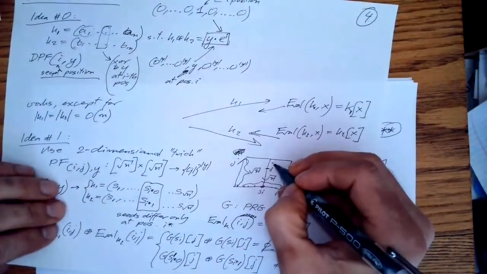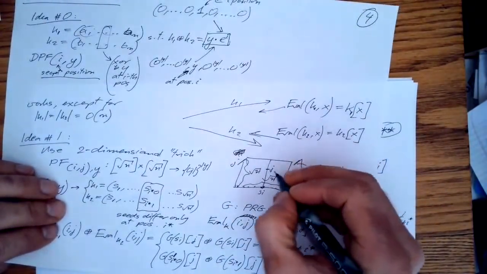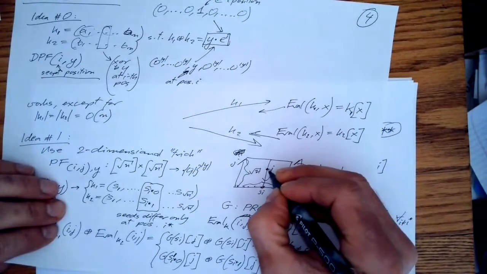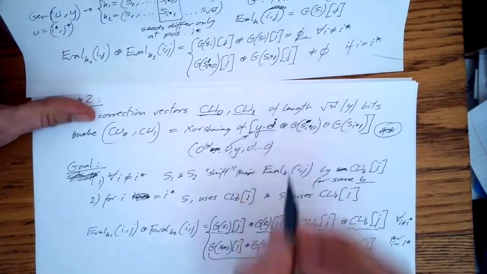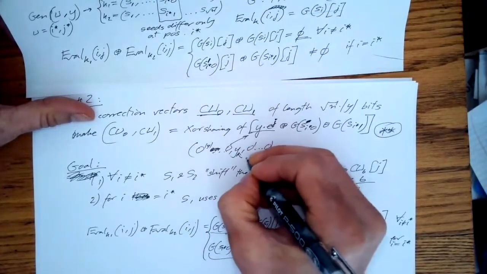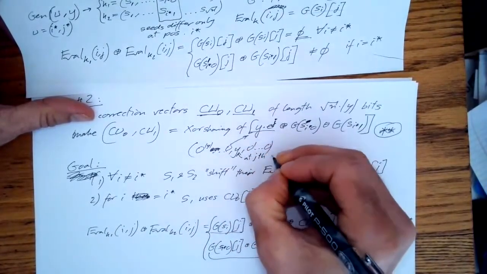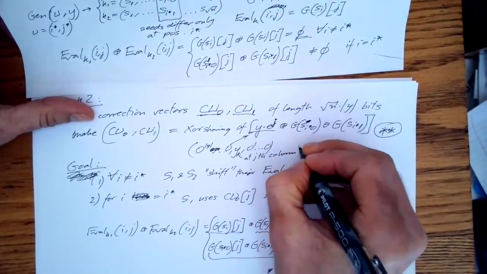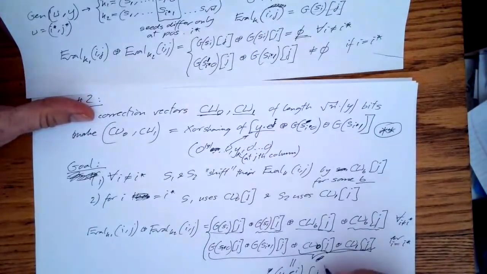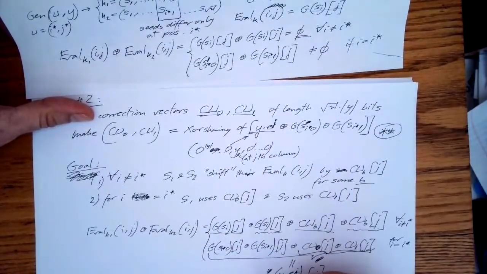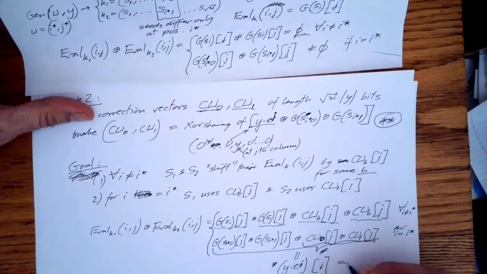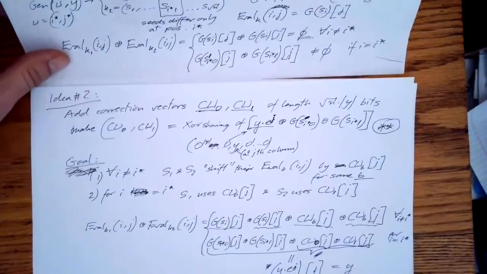So here, I will use e_J, right? Because I want to encode y into the J's position in this column. So this is the indicator vector, at J's column. So this whole thing is this vector at J's position, which is y. Okay.